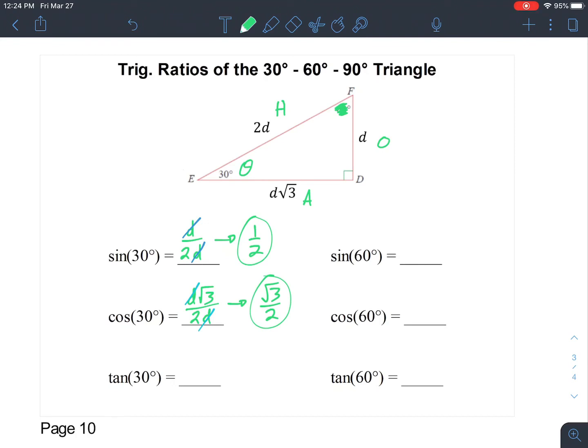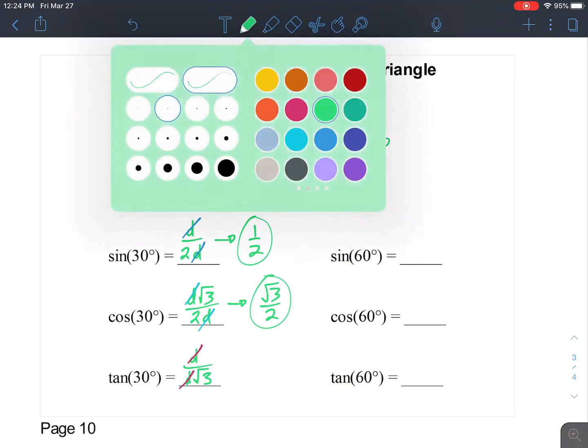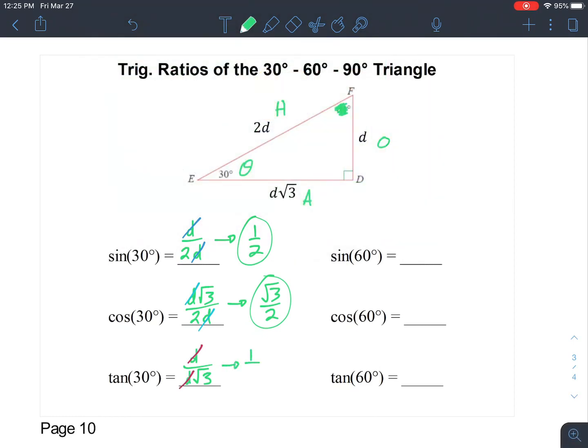And then the last one that we have is tangent, that is opposite over adjacent. And so we are going to have d over d root 3. D's cancel. We now have 1 over root 3. But we need to rationalize, so multiply the top and bottom by square root of 3. And so tangent of 30 is going to be square root of 3 over 3.